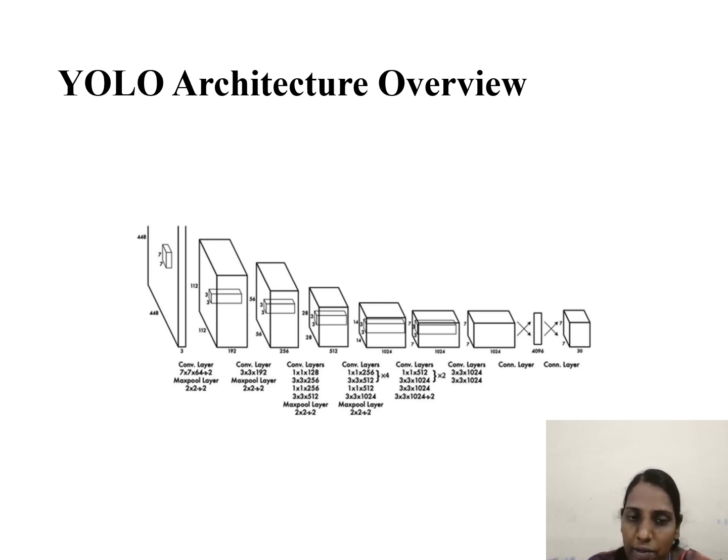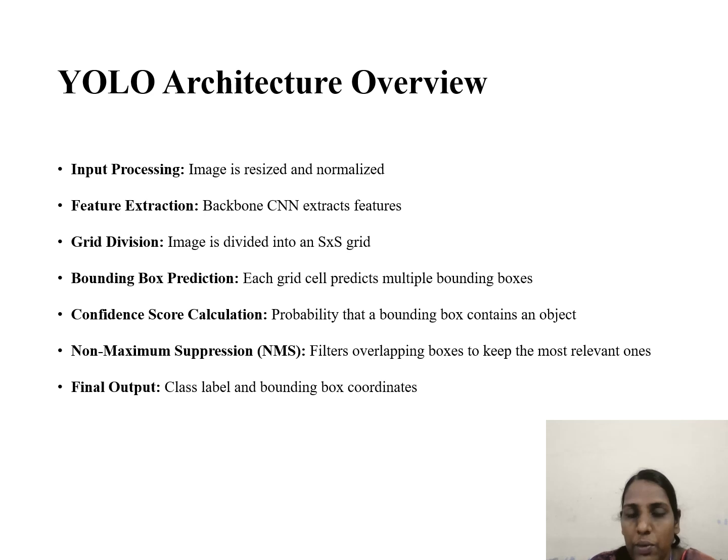We can use as many convolutional layers as we want, and at the end we use the fully connected layer. Next we are going to see the architecture in detail. What are all the blocks used in the architecture? First is input processing, which is nothing but preprocessing the images.